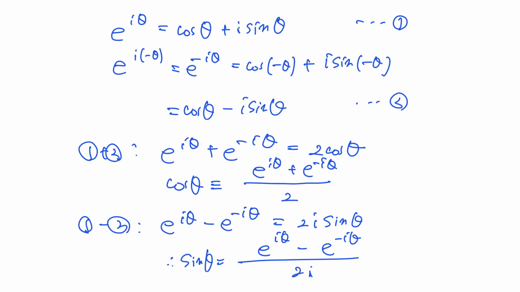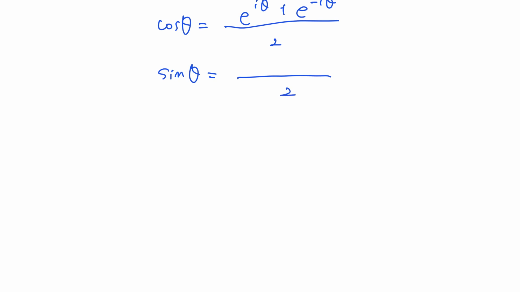So once we define the exponential function, then we can define the corresponding trigonometric functions. So cosine theta is defined as exponential i theta plus exponential minus i theta over 2. Sine theta is exponential i theta minus exponential minus i theta over 2i.